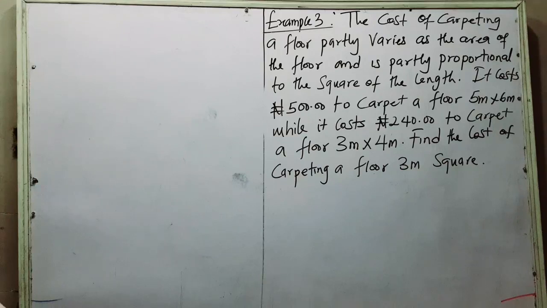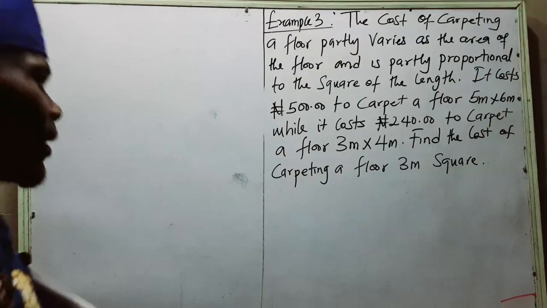It costs 500 naira to carpet a floor 5 meters by 6 meters, while it costs 240 naira to carpet a floor 3 meters by 40 meters. Find the cost of carpeting a floor 3 meters square.